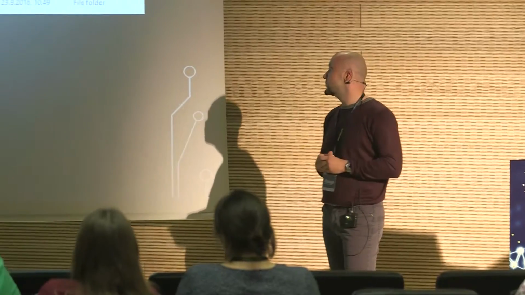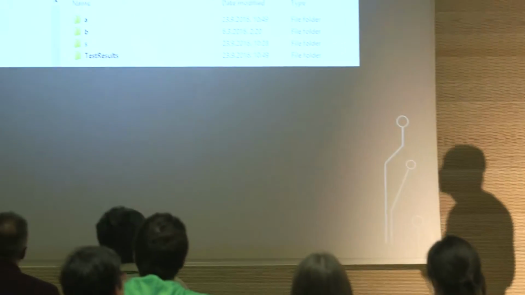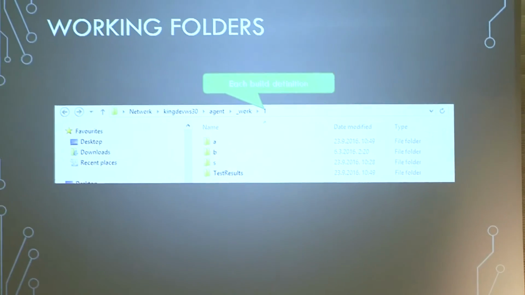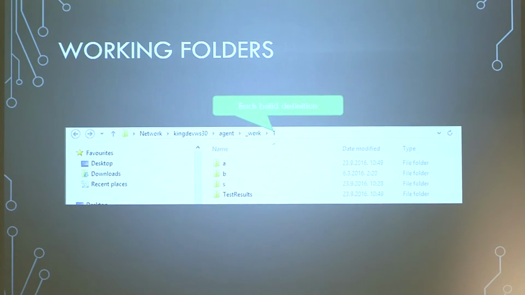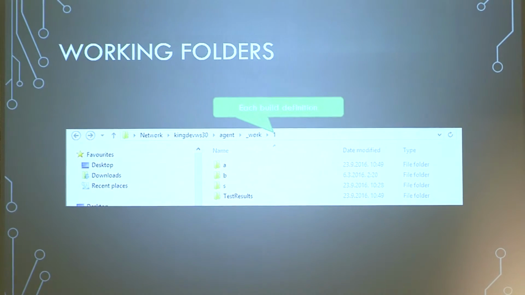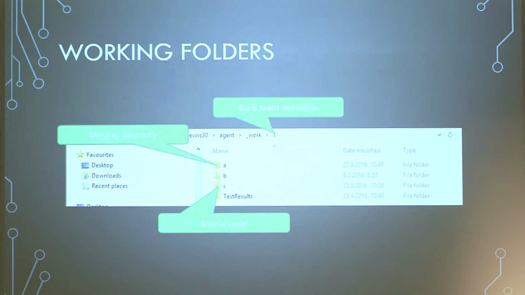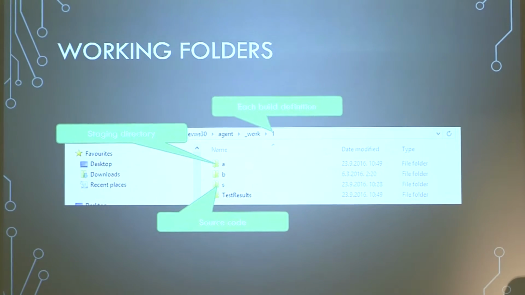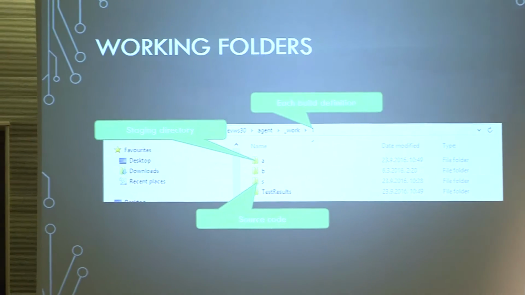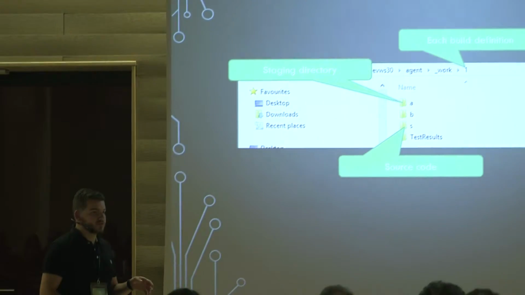Okay, so now something about working folders. This is what the agent builds. For each build definition, you get one folder with source code. So everything is inside the folder. And one more is the staging directory. There is everything the agent built. So there is the built version of the application.